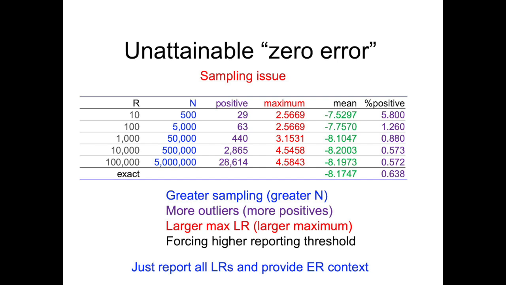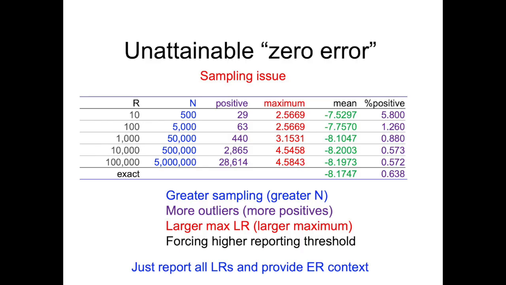You might set your reporting threshold up to 10,000. But if you keep going, and in blue in the table, we see N going up to 500,000. Now there's almost 3,000 positives in purple, and the largest one is 4.5 log units. So now you're going up to 4.5, and now maybe you'll start setting your reporting threshold to 5.